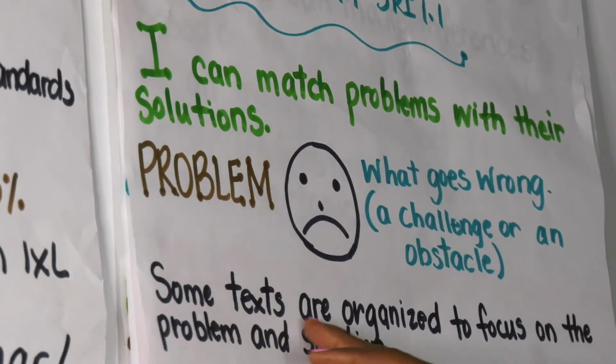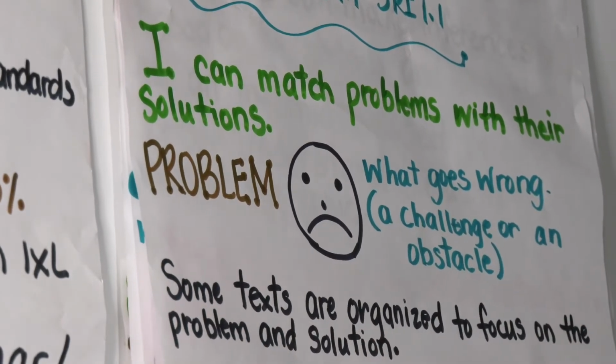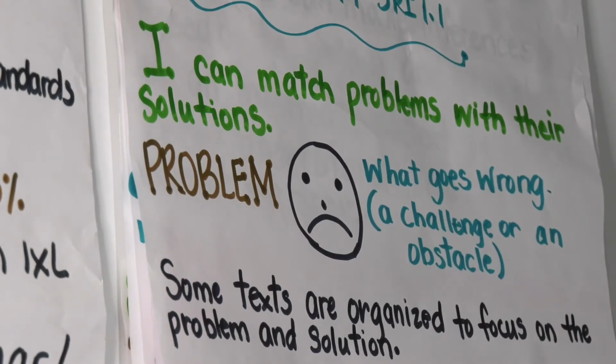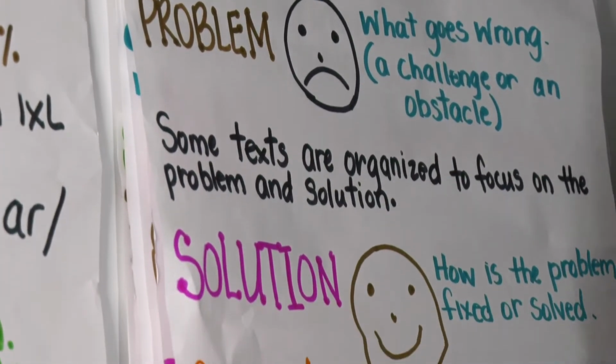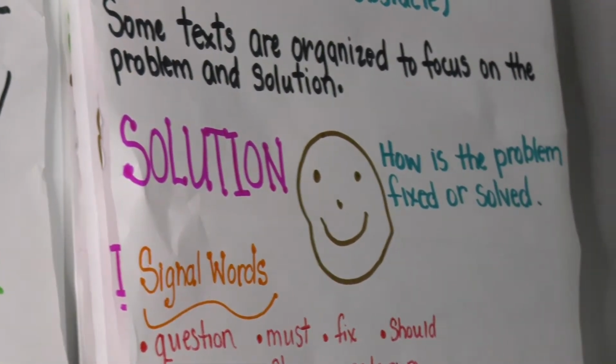Some texts are organized to focus on the problem and solution. Problem and solution is a text structure. When authors write, they determine how they're going to structure the text so that their readers can better understand what they're saying.